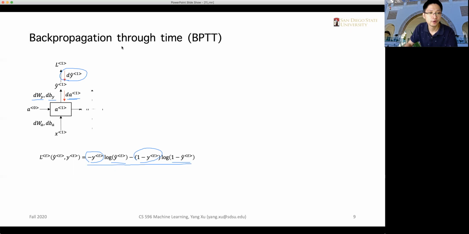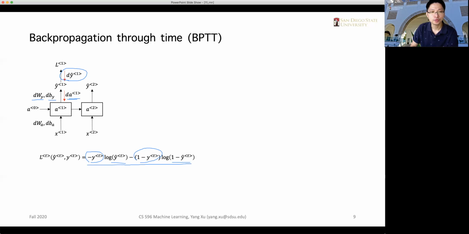And also for dA, dWA and dBA, the gradients can be computed because we have the forward pass formula available here. Okay, so we're not done yet, because A1 is not just in the computation for y hat 1, but also in the computation for A2 and y hat 2, right?